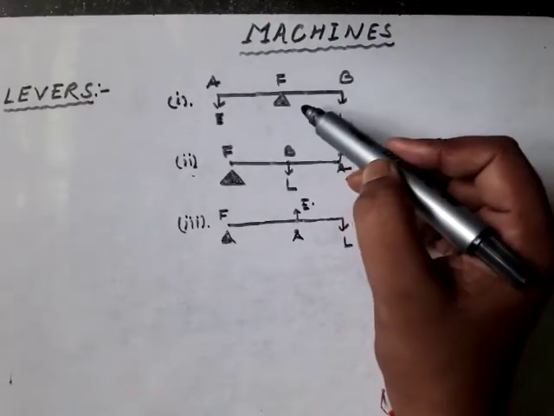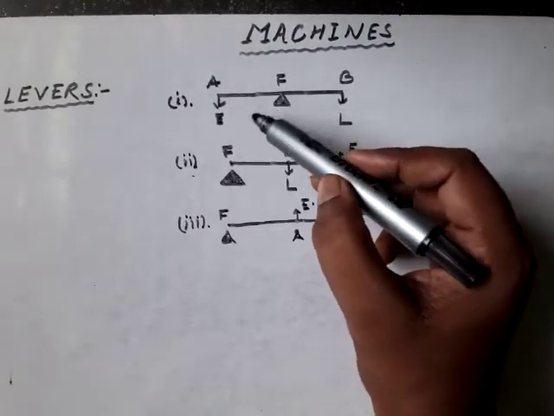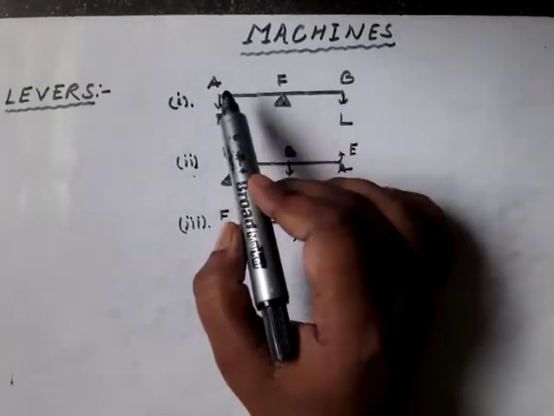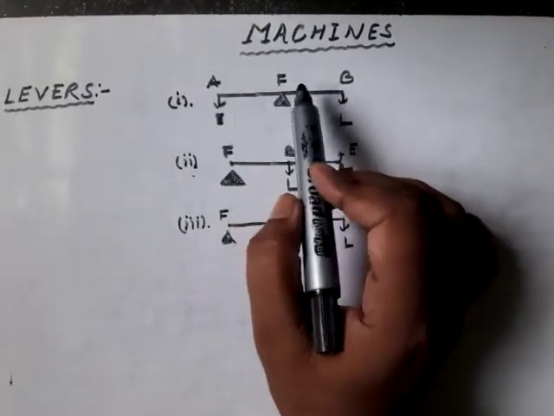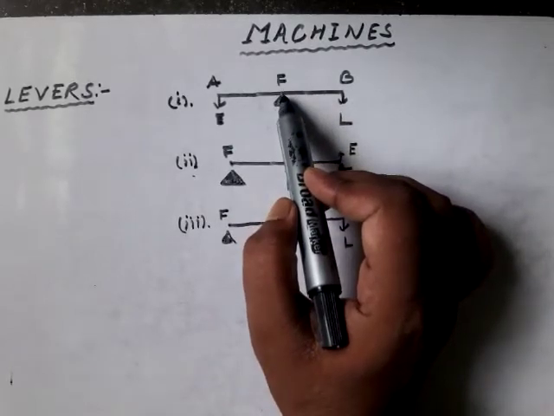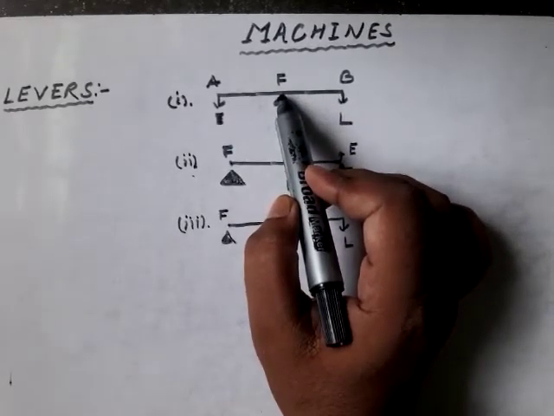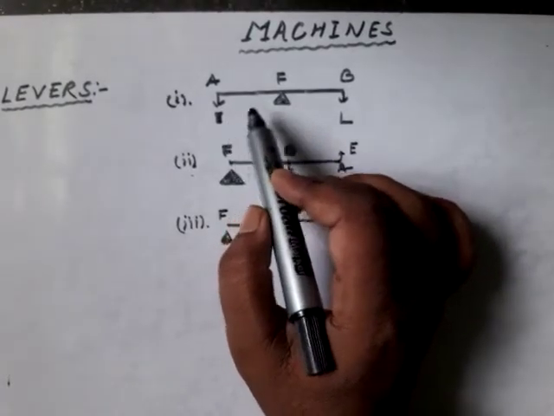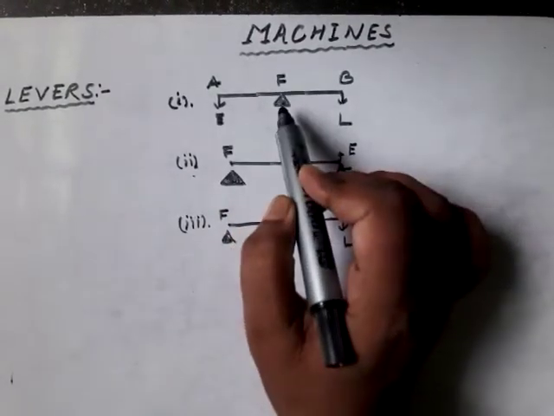In the first class lever, the fulcrum is in between the effort and the load. Here the fulcrum is denoted as point F, about which it is fixed, and the effort and the load both turn about the fulcrum.